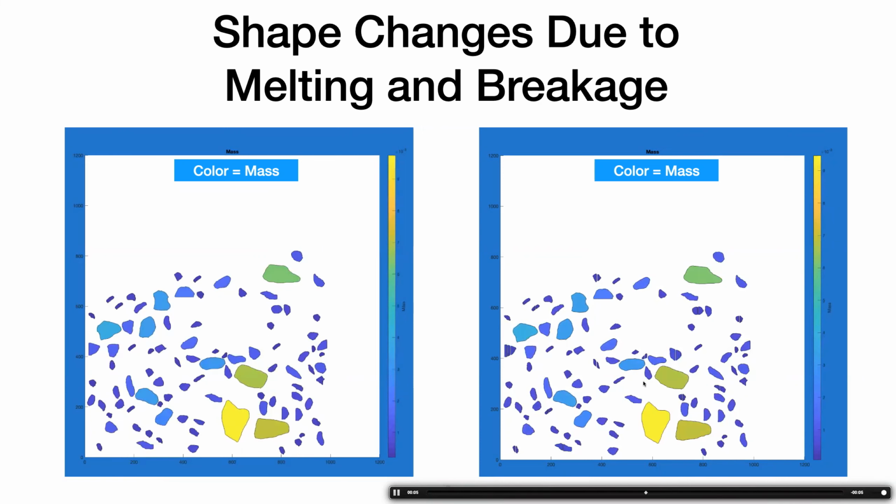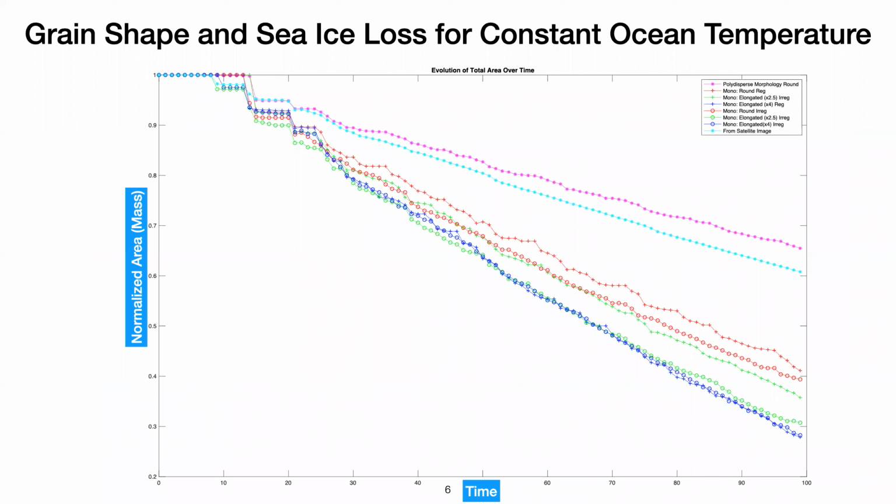So now we decided to apply a more practical implementation. What we did was exert a constant ocean temperature field around a set of sea ice flows in LS-DEM. And we measured the current area divided by the initial area of ice in the system.